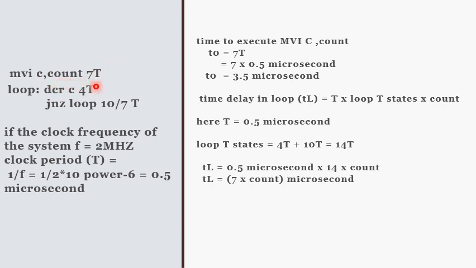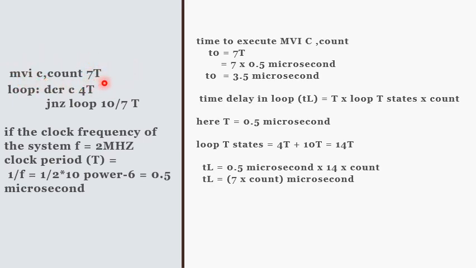In order to jump to this particular loop, it has to read the opcode as well as the address for this instruction. So it takes 10 T states for reading the opcode as well as the address given here. So 4 plus 10, 14 T states are required to be inside this loop, right?